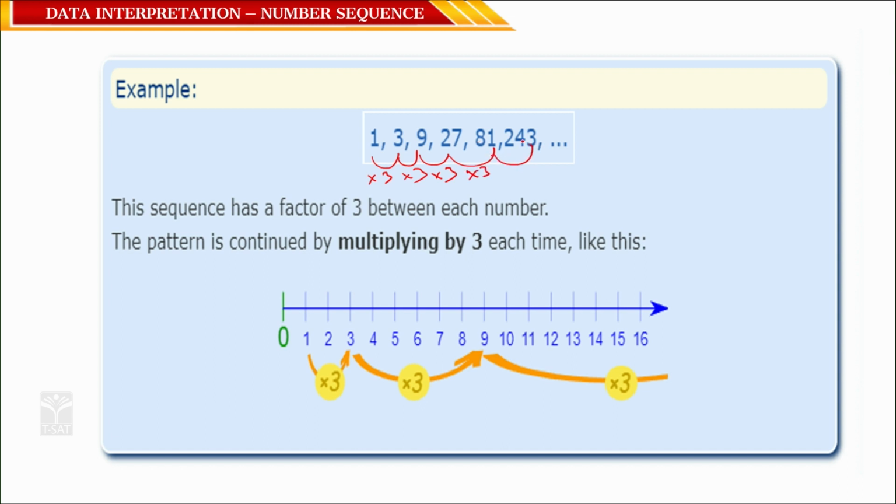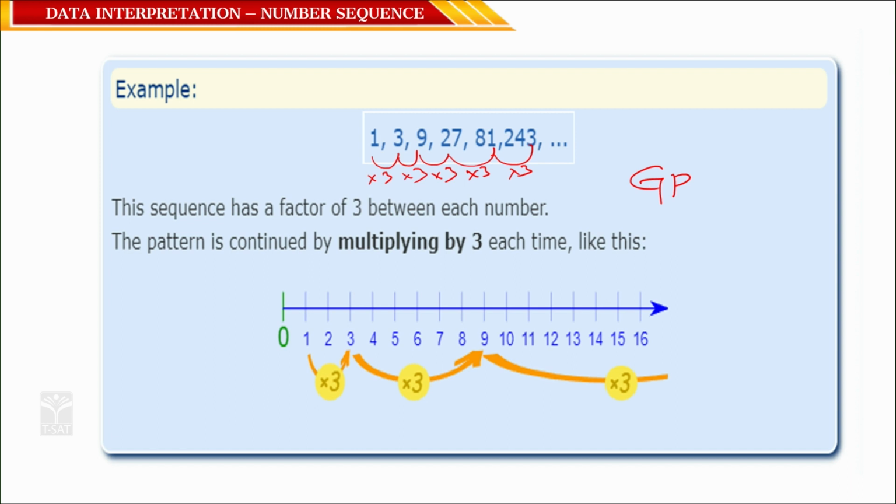When you multiply 81 by 3, you get 243. So, here 3 is called the common ratio. The next number is generated by multiplying by a fixed number, which is called the common ratio. This pattern is called a geometric progression, geometric sequence or GP.